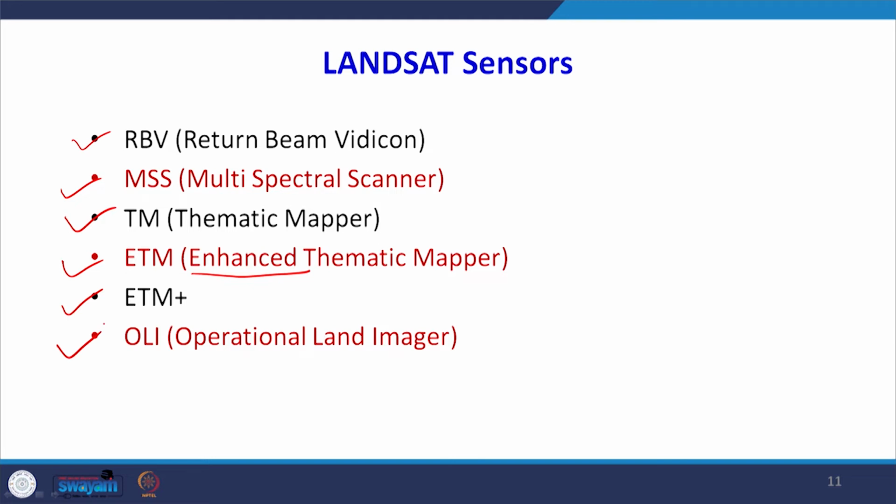Then in Landsat 8, for example, we had the OLI, operational land imager. I am not going into much detail of these sensor systems, but as a whole, what are the different sensors used by the Landsat series, what is the quality of the data, and what is the speciality of the data.